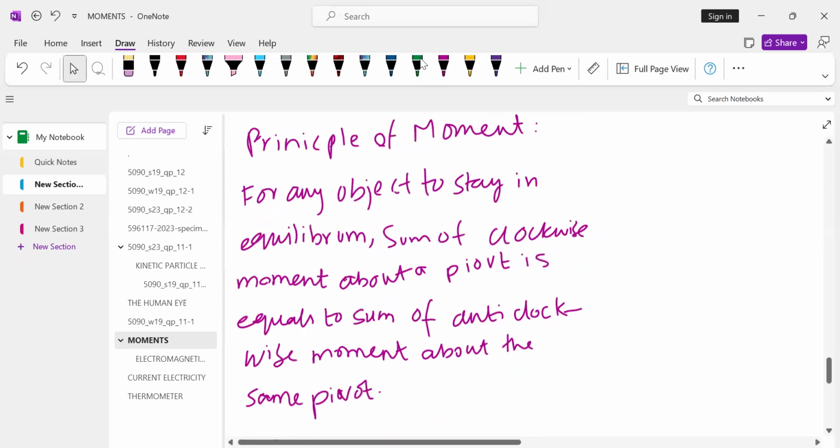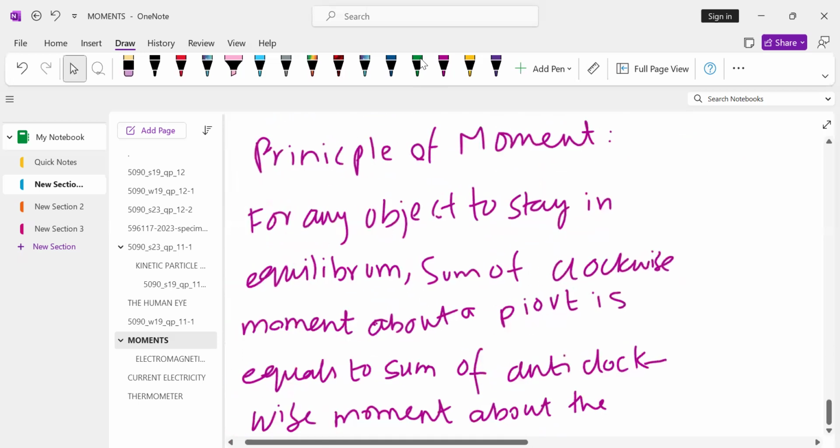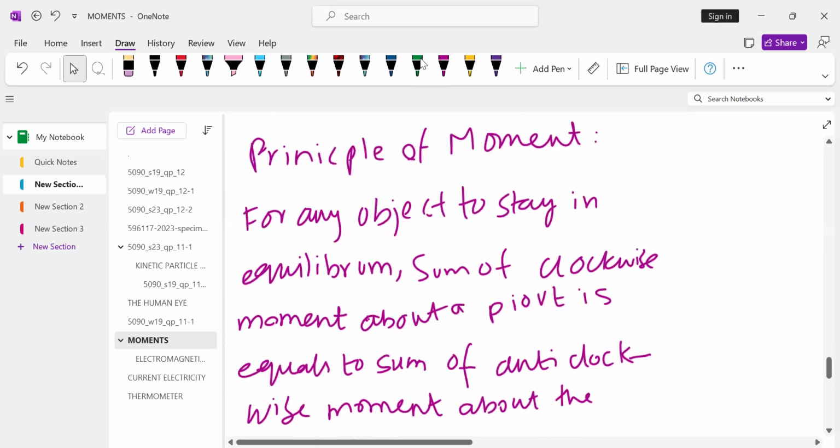Then we have the second topic of this chapter, which is the principle of moment. You need to memorize this principle of moment, or just remember it in your mind and rephrase it in the exam.